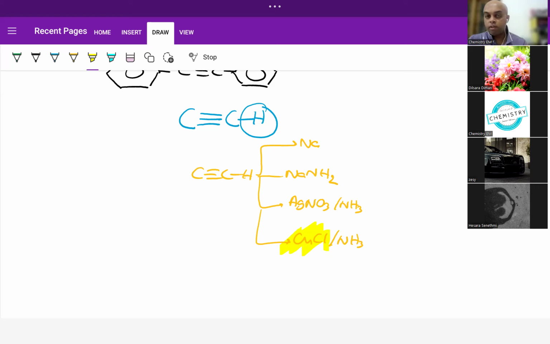Cu plus shows white compounds, right? Can someone tell me what is the color of this one? Additional question. Yes, this is yellow green, right? This is yellow green.